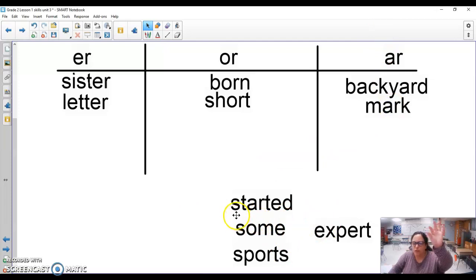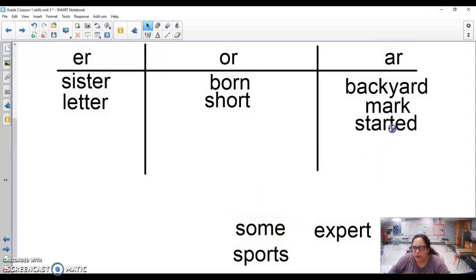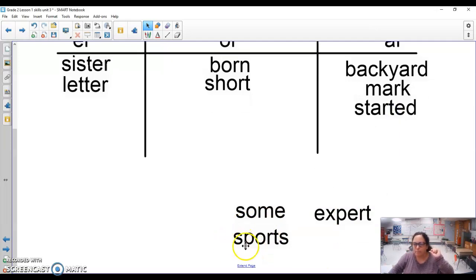Let's tap this word. Started. Started. Where are we going to put this one? Yeah, under the AR again, because it has AR. All right, tap the next one. Sport. What's the word?